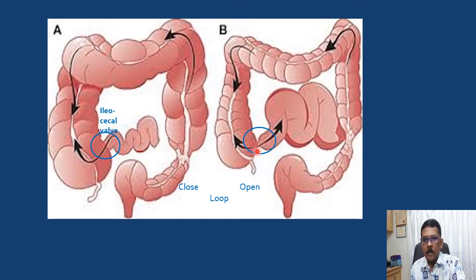Whereas in an open loop, the large bowel is distended, the sigmoid colon distal to the obstruction will be collapsed, and there will also be concurrent dilatation of the small intestine. Therefore, we should be able to diagnose between an open loop and a closed loop intestinal obstruction of the large intestine.